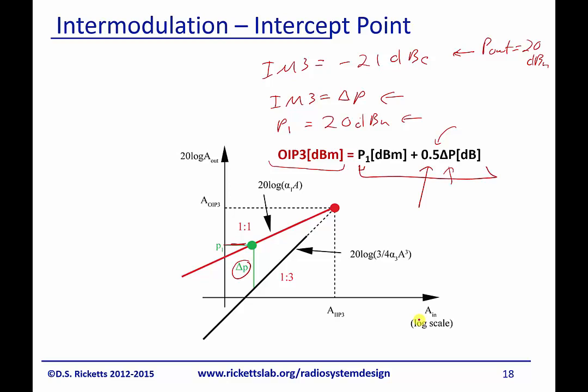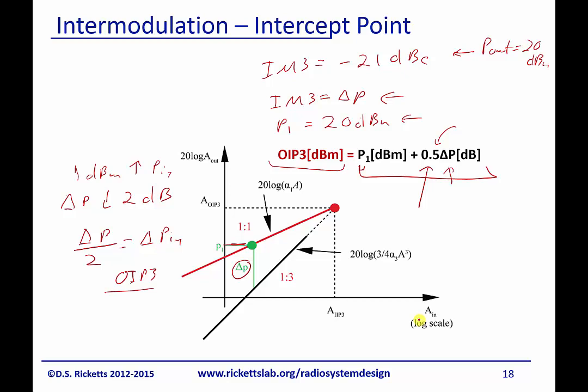Where did this 0.5 come from? That's why we went at length before to explain this. For every 1 dBm increase in Pn, delta P reduces by 2 dB. So what we do is we take delta P, we divide it by 2, and that tells us the delta Pn to get to the OIP3 point.